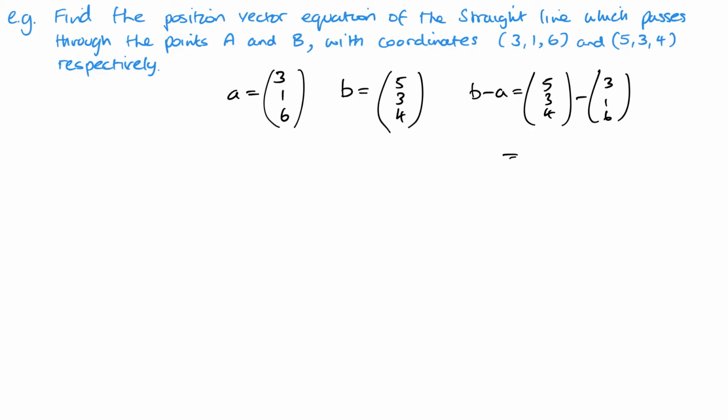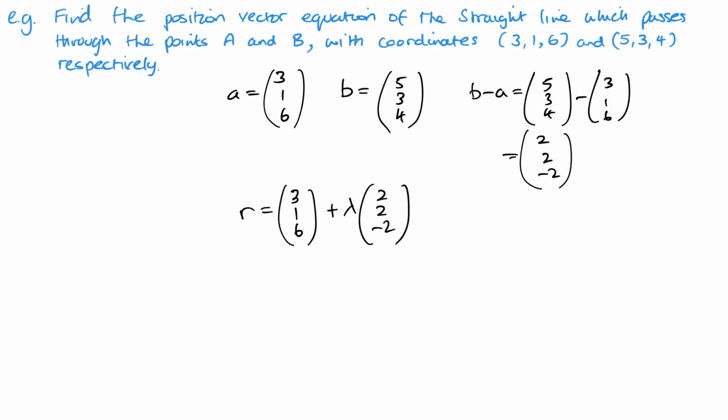So 5 minus 3 is 2, 3 minus 1 is 2, 4 minus 6 is minus 2. So my vector here would be 3, 1, 6 plus lambda 2, 2, minus 2.